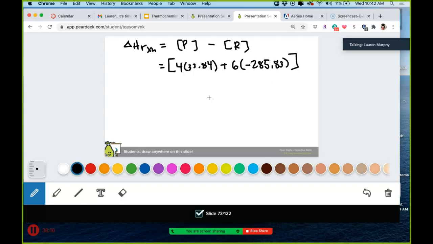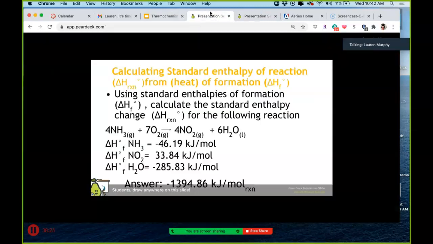So products minus, now I've got to go to my reactants.